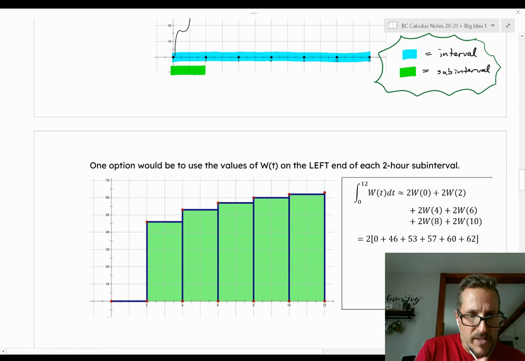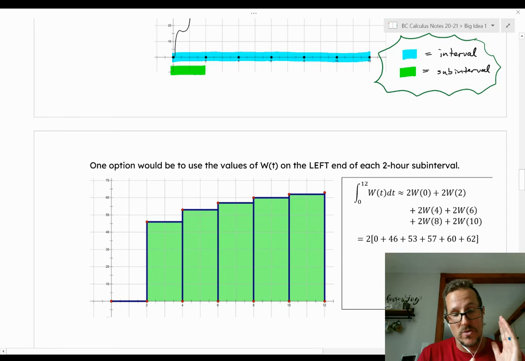I only have, let's see, 1, 2, 3, 4, 5, 6 rectangles. So the 6 left heights, you can see a representative drawing there. And now I've got to multiply each of those heights by the base, because the area of a rectangle is the base times the height.